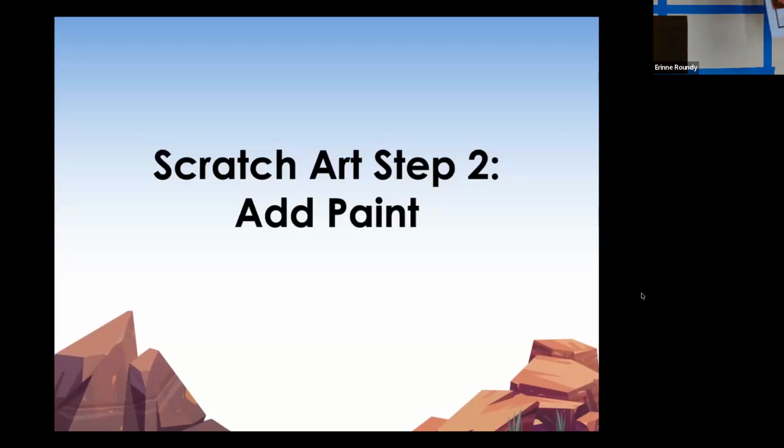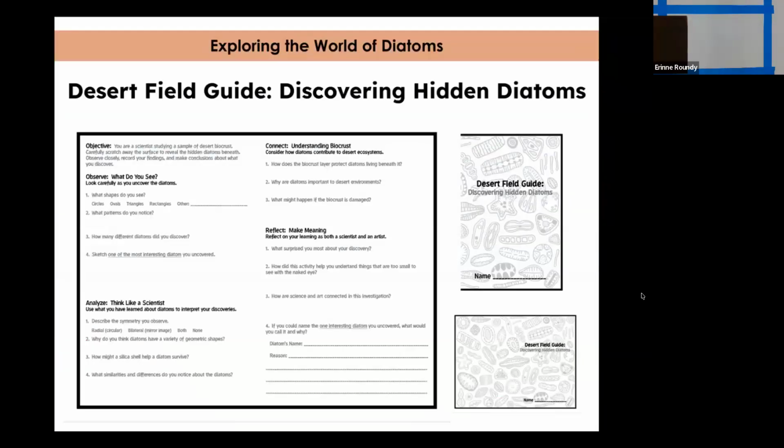Hello, everybody. I hope you have enjoyed learning about these fascinating and amazing single-celled organisms, the diatoms. So you're probably wondering, oh, here we go. My students have created these beautiful, colorful, organic and geometric shapes filled with patterns and colors, and now we've covered them in kind of this poopy brown.